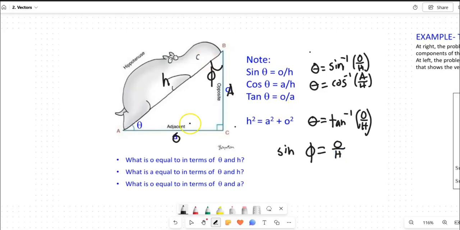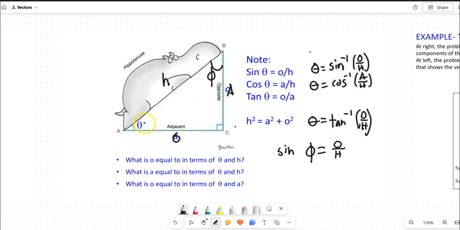So AC is now the opposite side, and BC is now the adjacent side, and the hypotenuse is A to B, right? So what I'm saying is opposite and adjacent are relative to where you're choosing your angle.